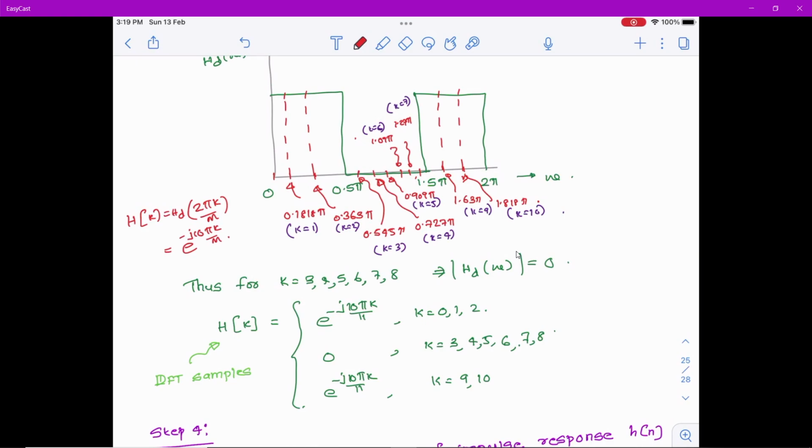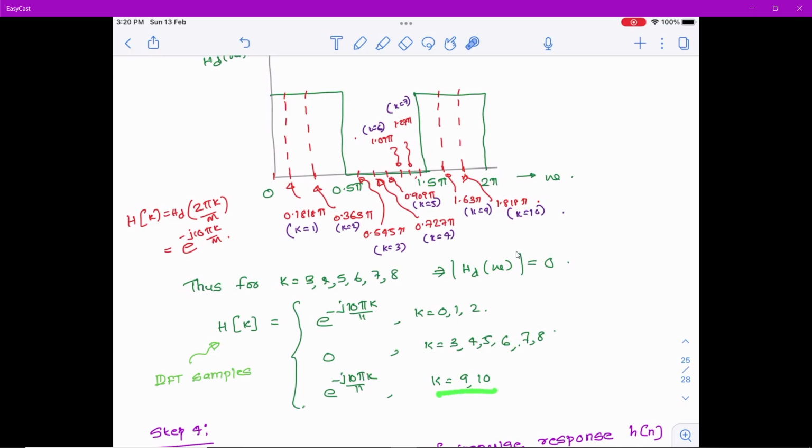This was our h of k. For this h of k, only when the value of k is 0, 1 and 2 do you have the magnitude equal to 1. Otherwise it is 0.